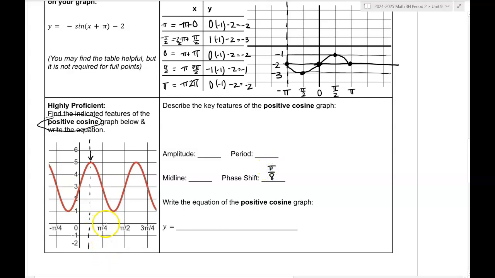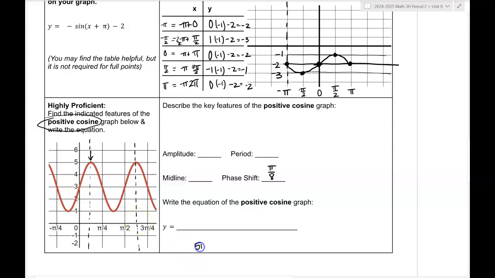If we're looking at our pi fourths here, and we're ending. So if we go by eighths, so 1 pi eighth, 2 pi eighths, 3 pi eighths, 4 pi eighths, 5 pi eighths.